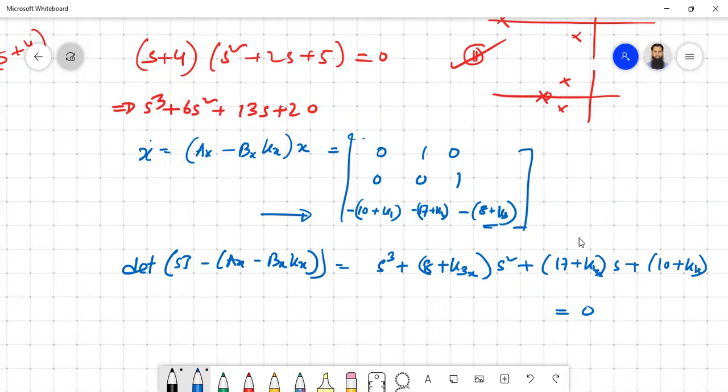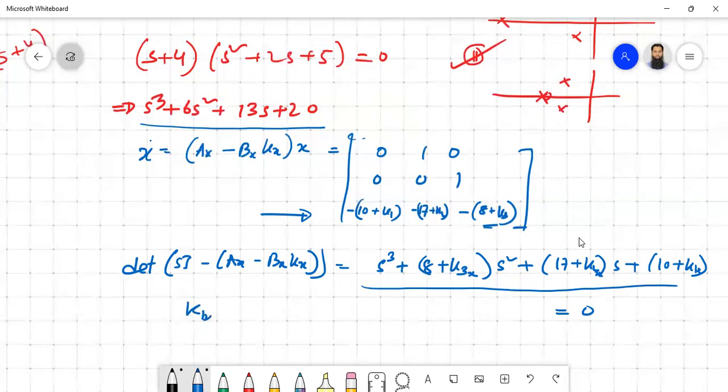Now we have to compare these two equations. If we compare them, we can easily figure out the values. 20 equals 10 plus K1x, so K1x will be equal to 10.